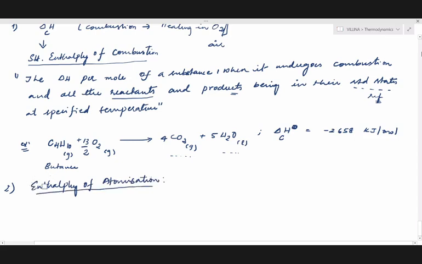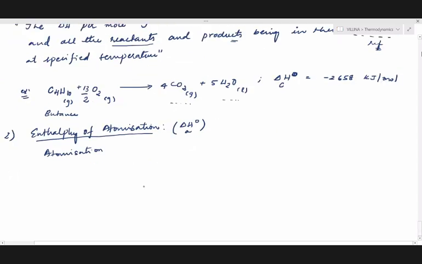Anyone in physics, you might have learned it. Delta H naught A. What is atomization? In the literal meaning only. Atomization: atoms are formed. So from where those atoms are formed and how they are formed, and the enthalpy change involved in the process, will be atomization.